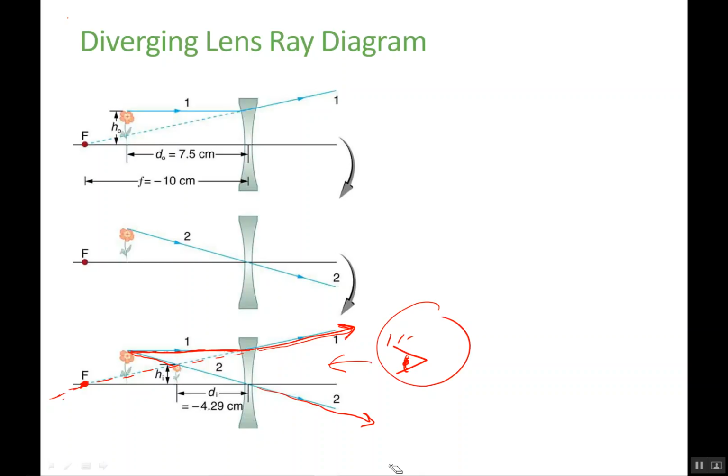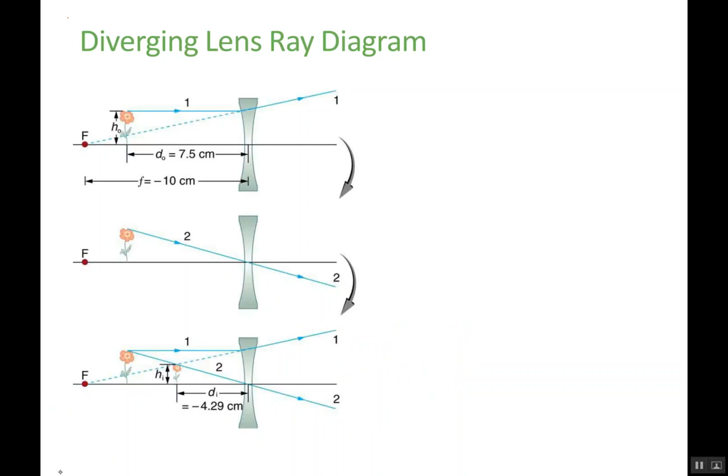So this is a virtual image. Diverging lenses always produce virtual images. Converging lenses can produce real or virtual images depending on how the object is situated relative to the lens, whether it's further away or closer than the focal point.